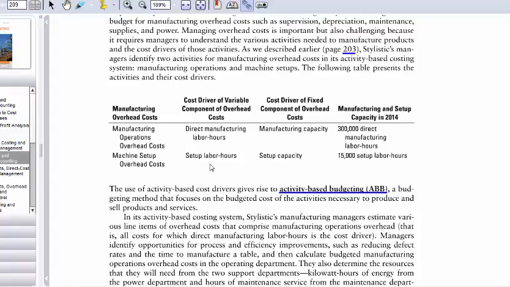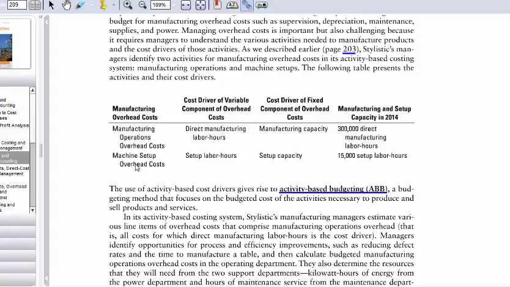Now, again, we've got two different versions of the table. How many setup labor hours are going to be required by the casual model, and how many setup labor hours are required by the deluxe model? If these vary, activity-based costing is going to show us that we are going to be able to allocate more of these machine setup costs to the one that takes the most setup labor hours.